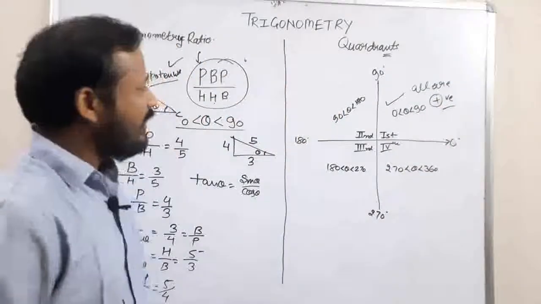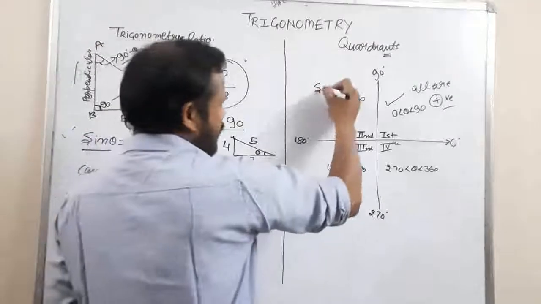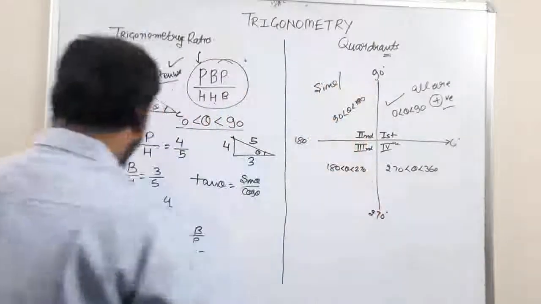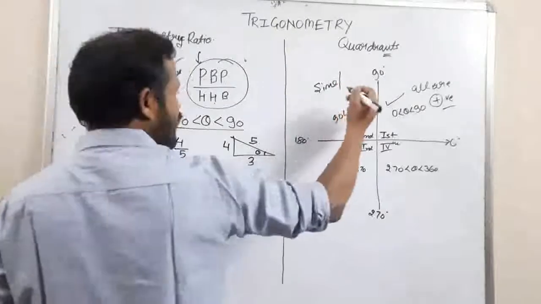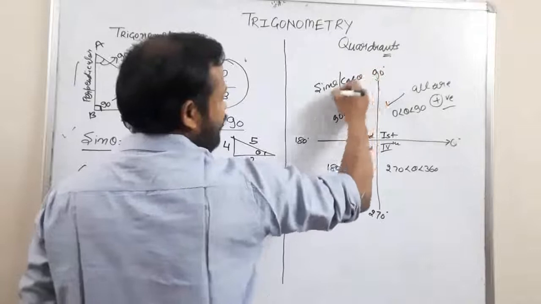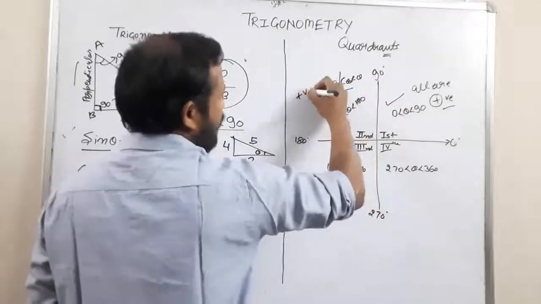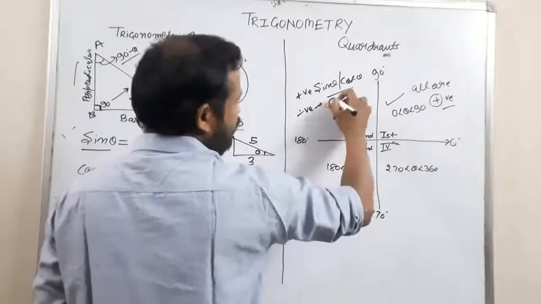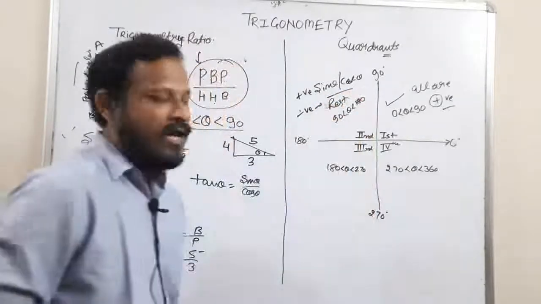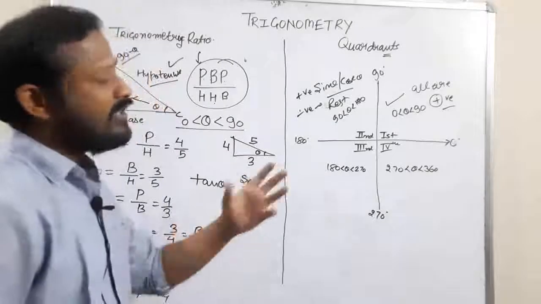In the second quadrant, sin theta and its reciprocal, cosec theta, are positive, and the rest four are negative. Now let's move to the third quadrant.